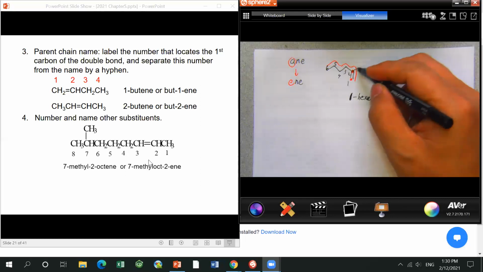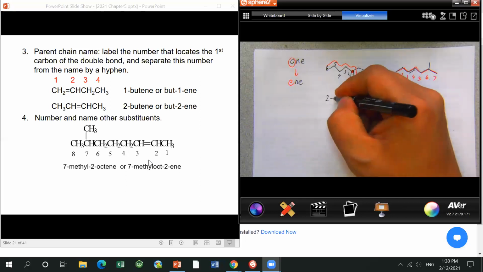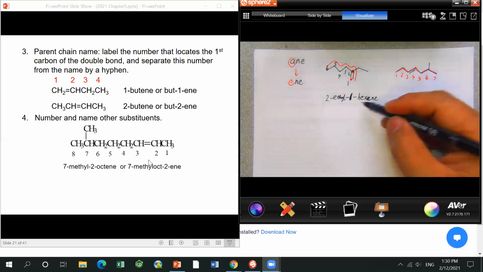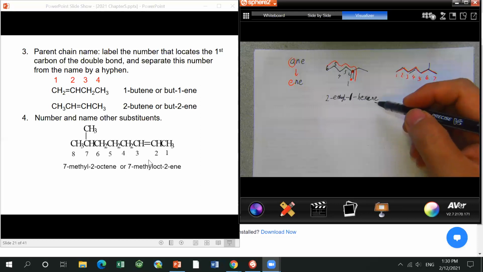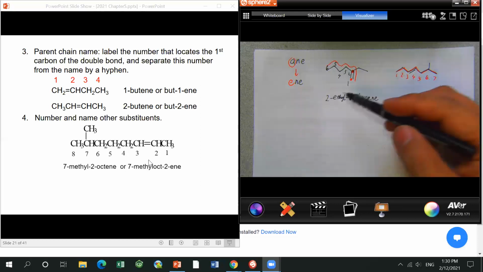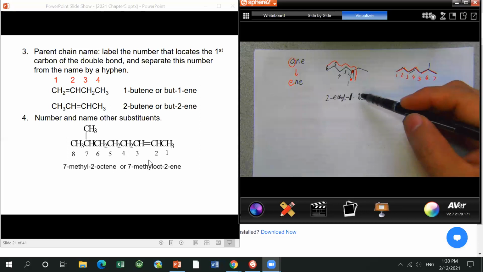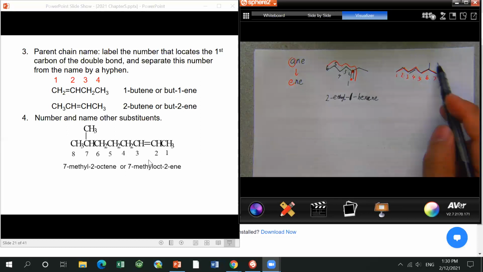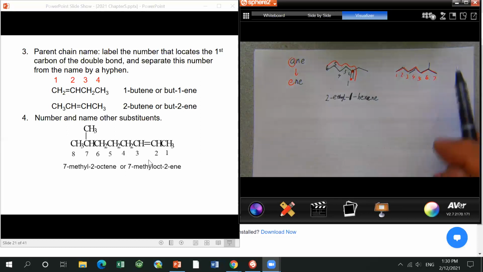Then we add the substituent group, the 2-ethyl: 2-ethyl-1-hexene. You can also name it 2-ethyl-hex-1-ene, that's also right. Now you take a try, name the molecule on the right.